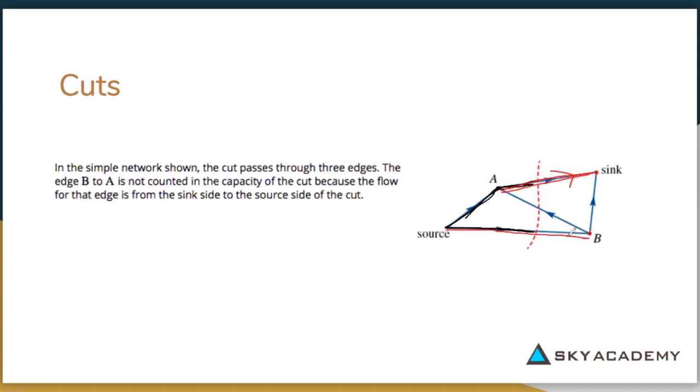This line here is also valid because its direction is going towards the sink. However, the line in green is not valid because it is going towards the source. So it's going the opposite direction that we want to go. And so if I had to calculate the cut capacity for this cut, I would only count this edge and this edge. You would not count this middle edge here.